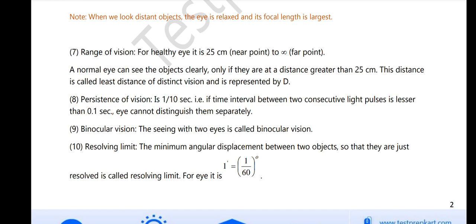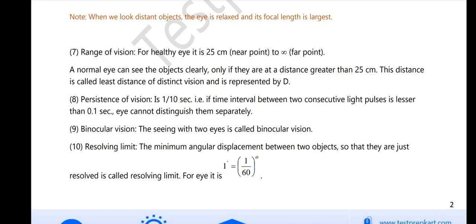Now binocular vision. Seeing with two eyes is called binocular vision. Next is the resolving limit. The minimum angular displacement between two objects so that they are just resolved is called the resolving limit for the eye.